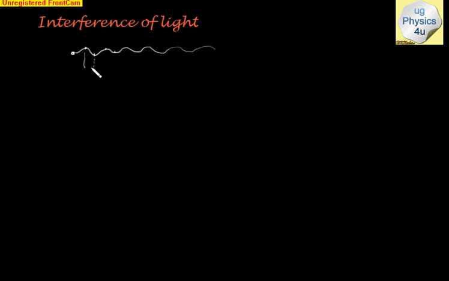So if a plane wavefront is traveling along the positive x-axis, it may be divided into a solid line and dotted line, solid line and dotted line. It shows that all the waves traveling this way have crest on the same point, trough on the same point.